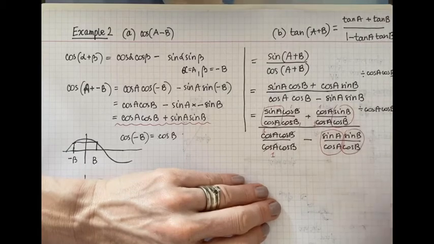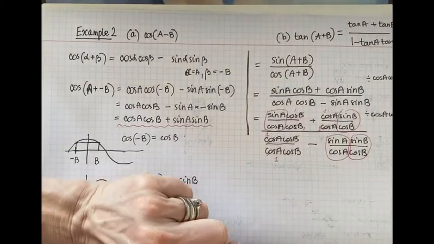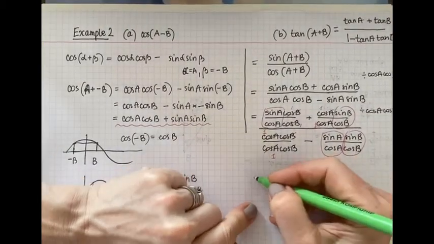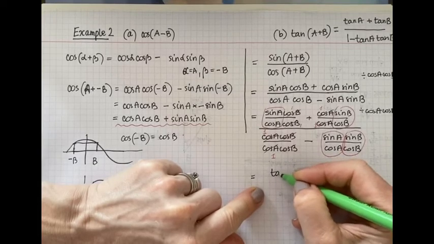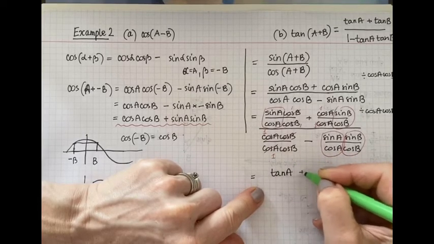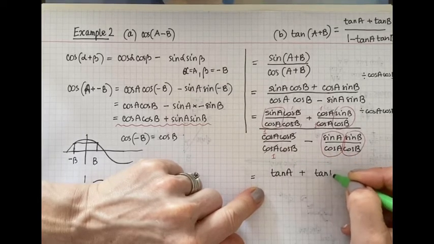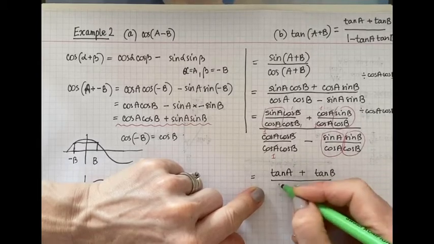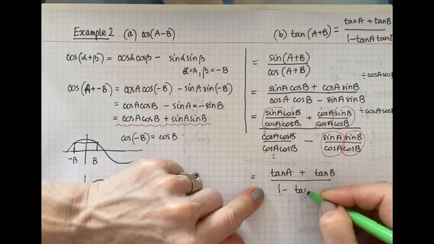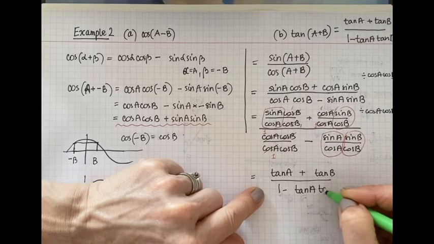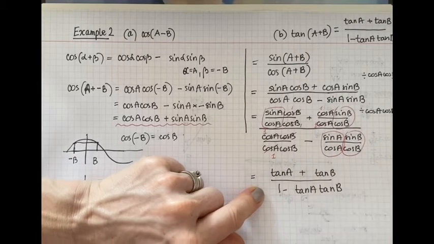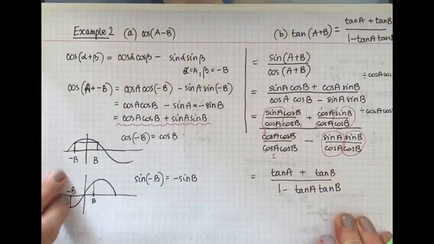So you've got sine A over cos A, that will become tan A and tan B. So you've got tan A plus tan B divided by 1 minus the product of tan A and tan B. So it's proven, if it's a proof.